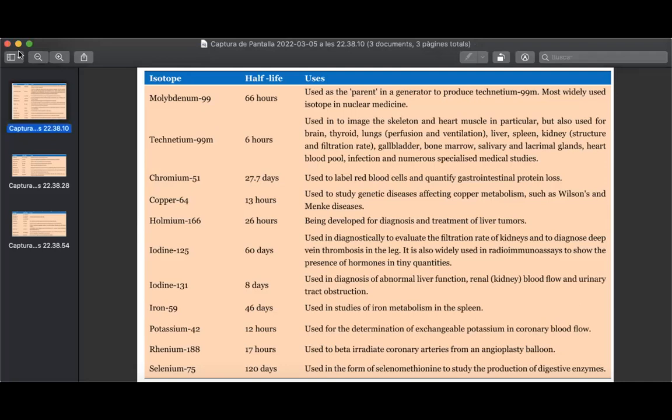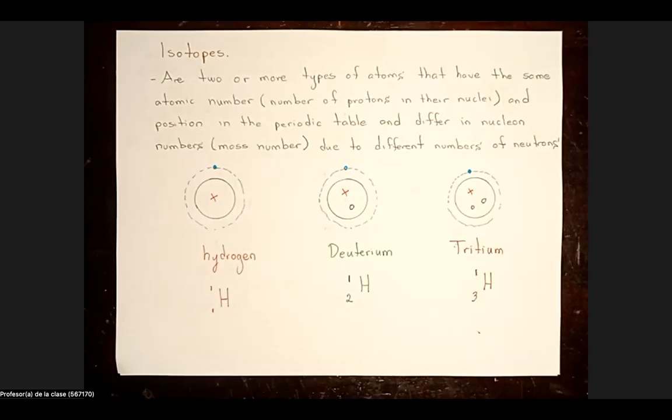So that's the reason why we are always thinking about the different nuclear accidents, right? Because, for example, uranium 235, the half-life is 700 million years.